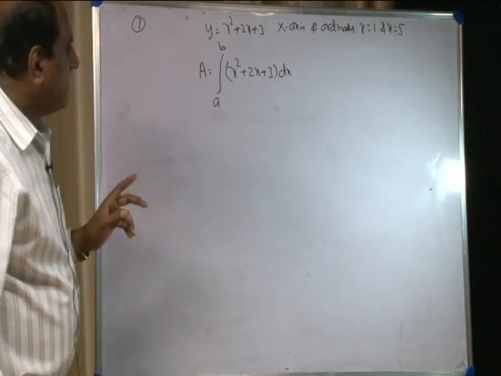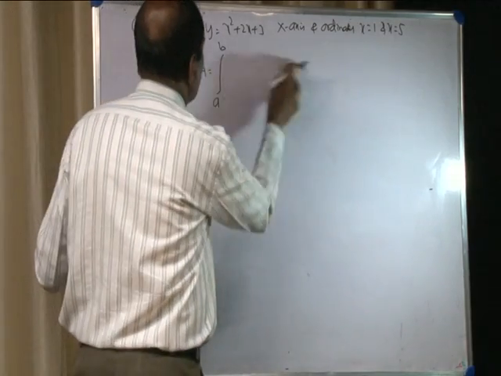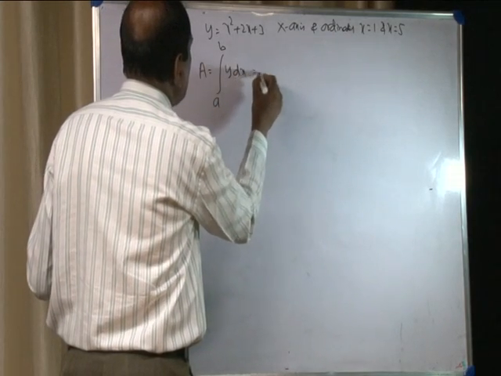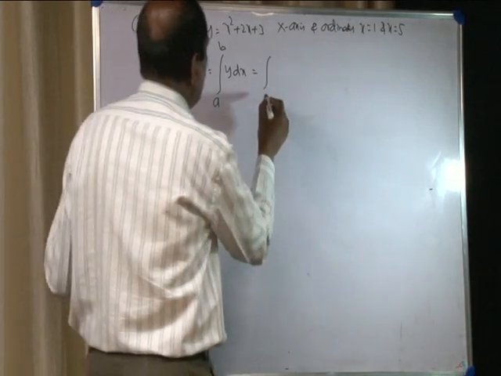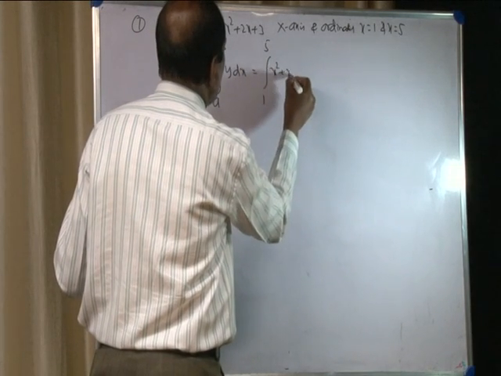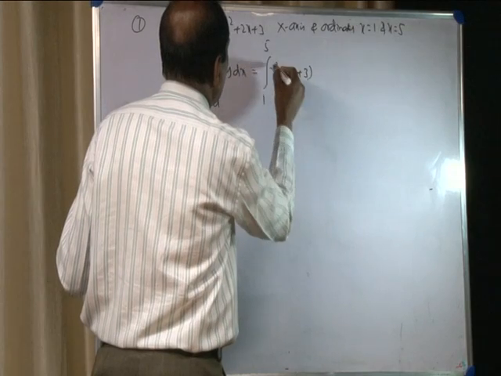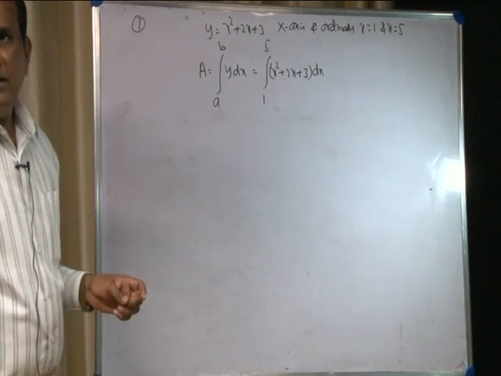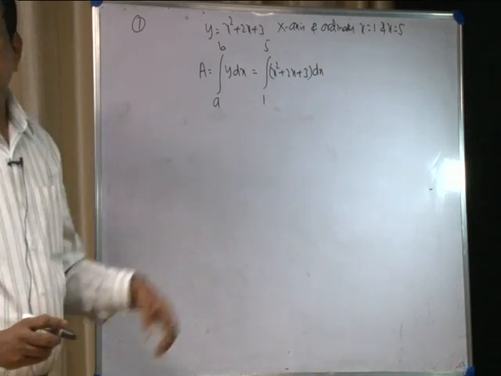First write the formula, that is integral a to b y dx. So, that is equal to integral with limits 1 to 5 of x square plus 2x plus 3 dx, where x is the variable of integration. Now, integrate term by term.